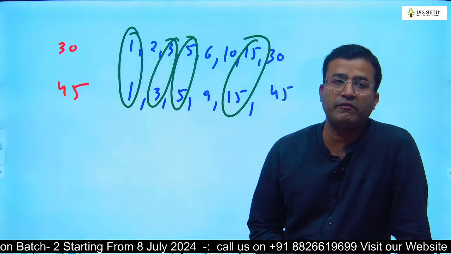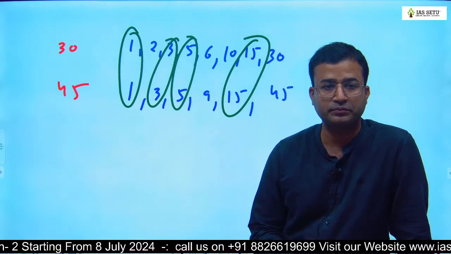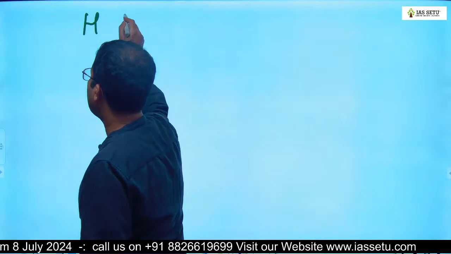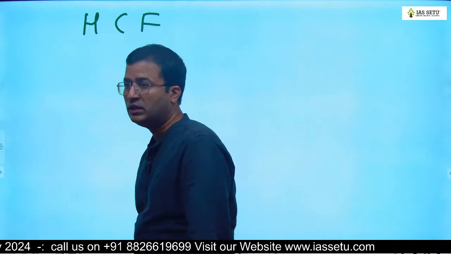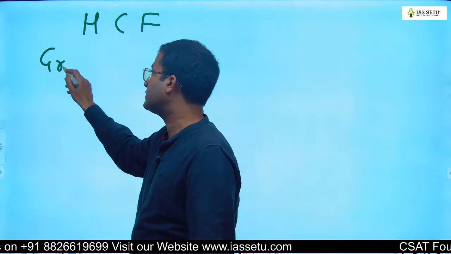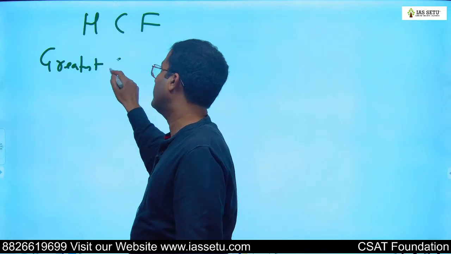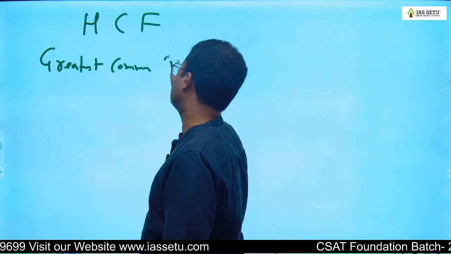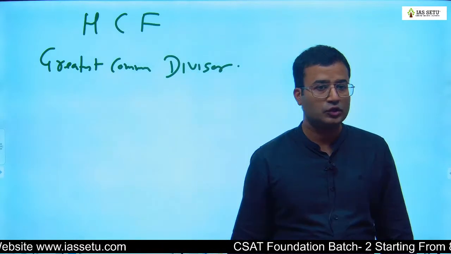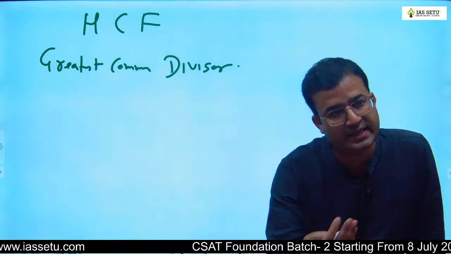Has any one of you heard about GCD? See here, this is highest common factor. There is one more term called GCD, and that is the greatest common divisor. So GCD is nothing but HCF only.